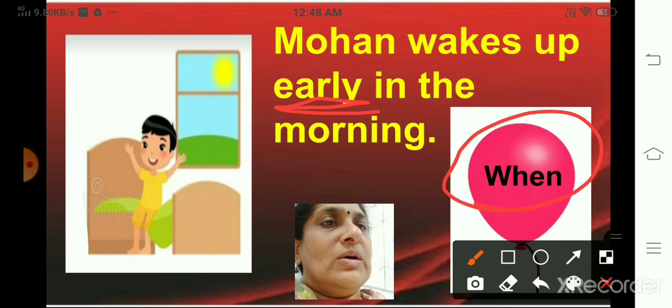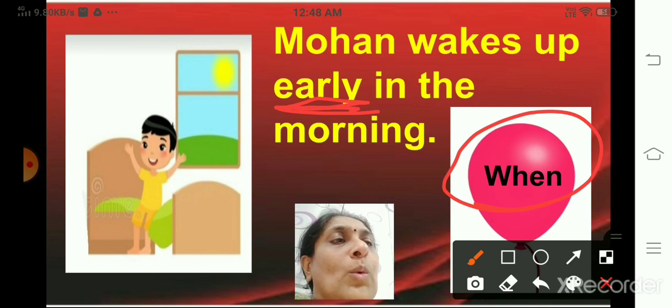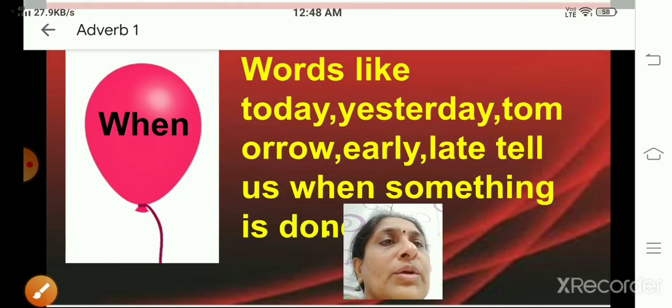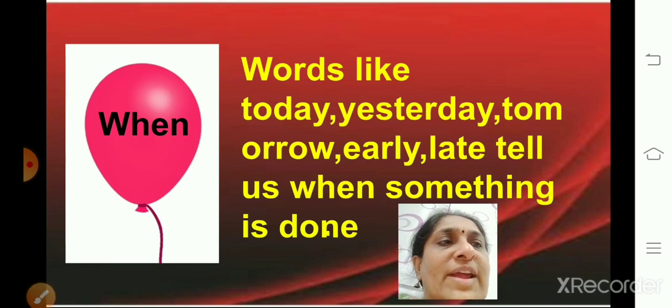So here early is an adverb. When does Mohan wake up? Mohan wakes up early in the morning. So words like today, yesterday, tomorrow, early, late tell us when something is done.